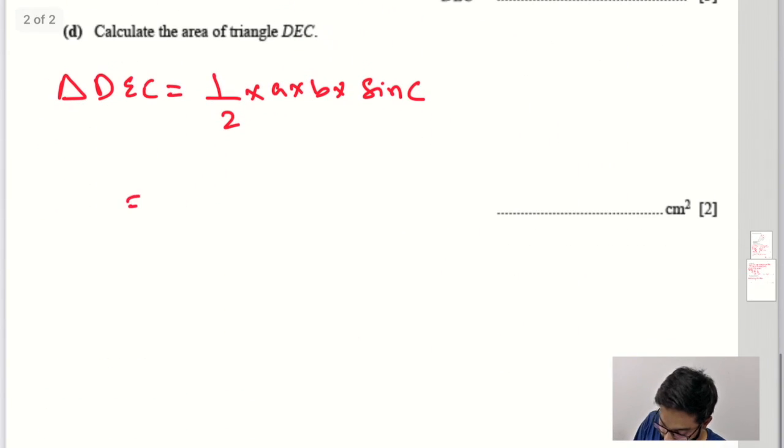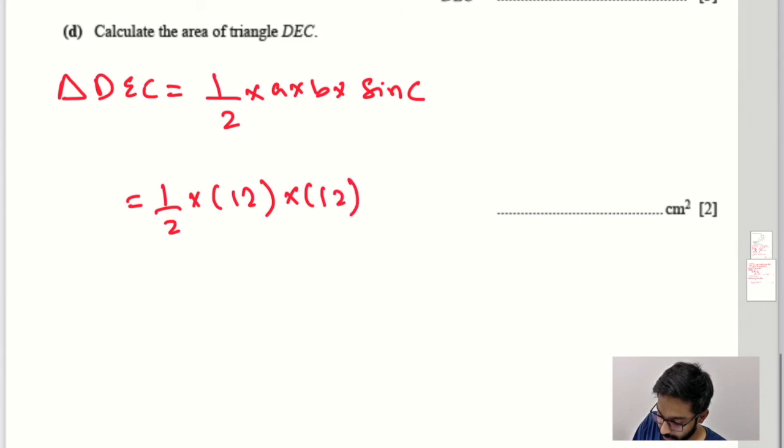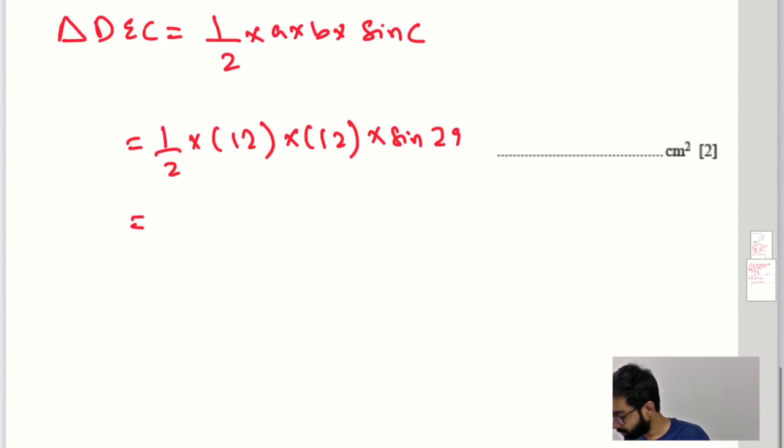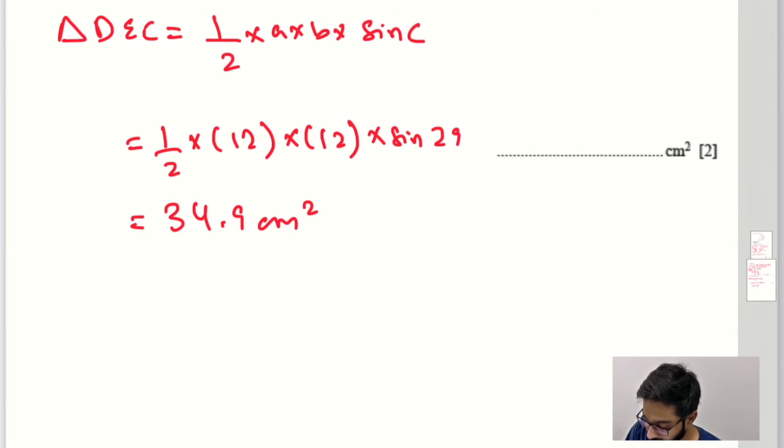So you write 1 over 2 times 12 times 12 times sine 29. We plug in the values. 0.5 times 12 times 12 times sine 29 gives me 34.9 centimeters squared, that is the area. So you write that over there.